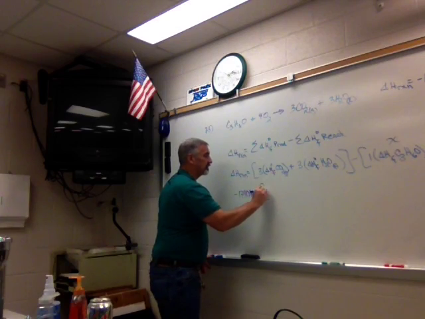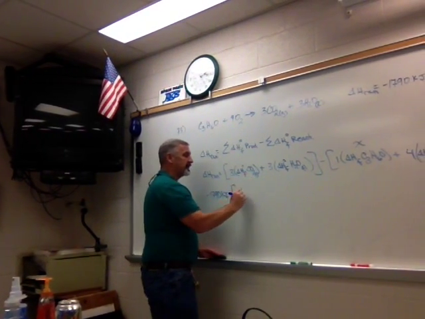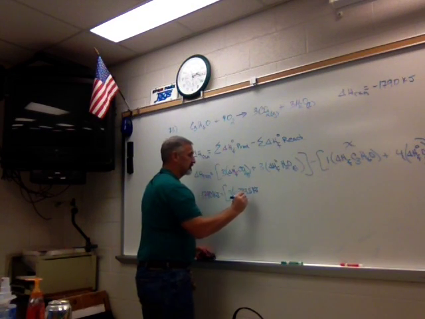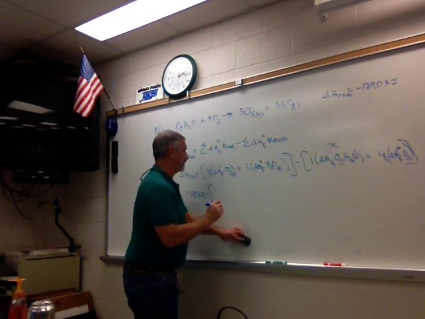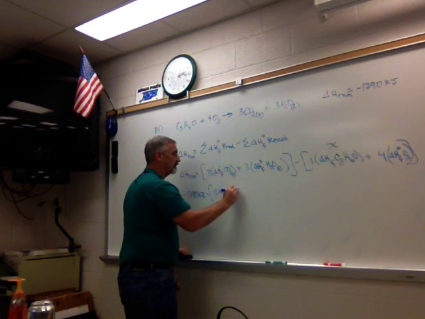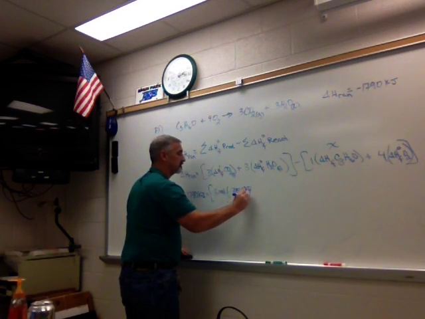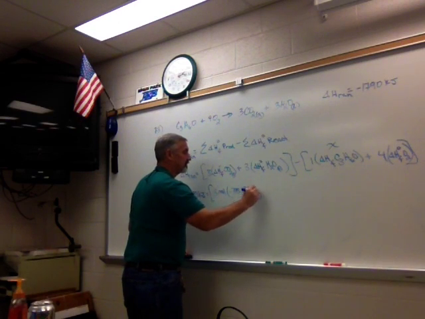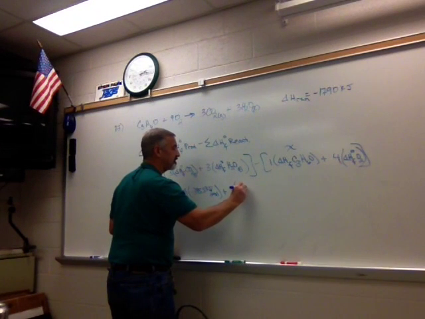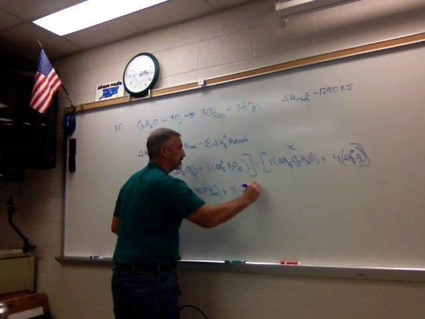It's going to equal 3 times, we go and look this up in the back of the book as negative 393.5 kilojoules. Let's just do it all right. 3 moles. Negative 393.5 kilojoules per mole. Plus 3 times the heat of formation of water, negative 285.83.